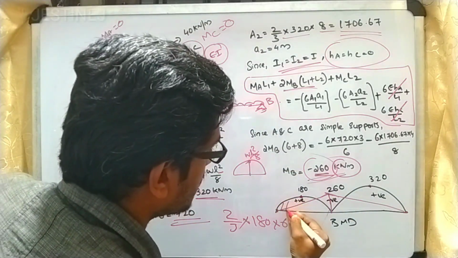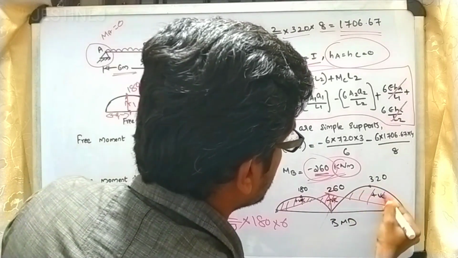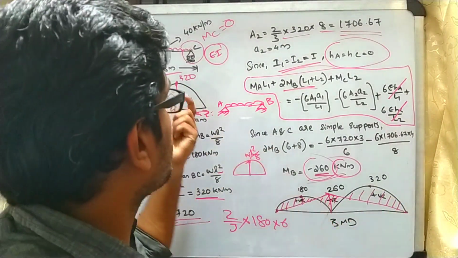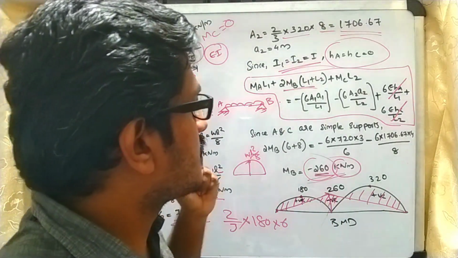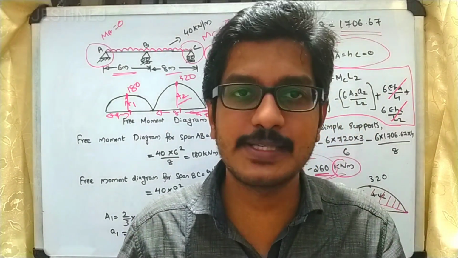Finally, you have to shade these regions. This represents the bending moment diagram for this particular question. I hope the section is clear. With this, we'll wind up today's section.